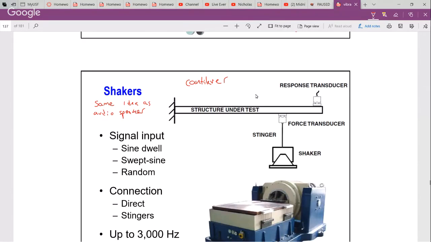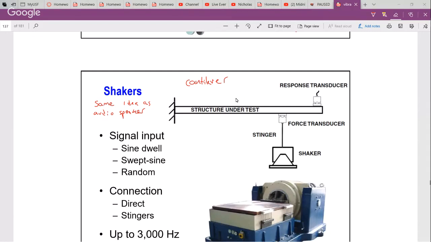So to help control the direction of the force, we introduce a long, slender, but stiff structure called the stinger.